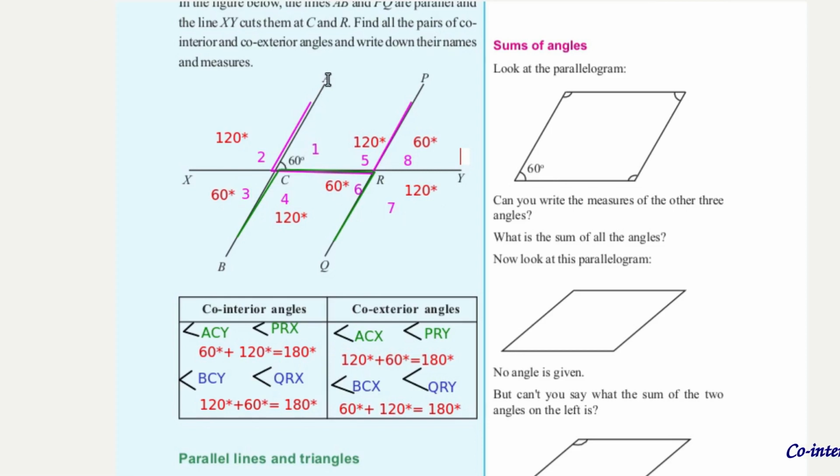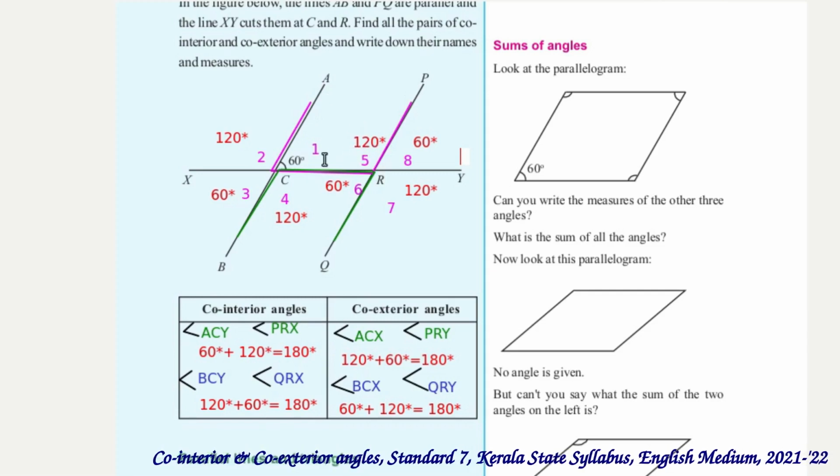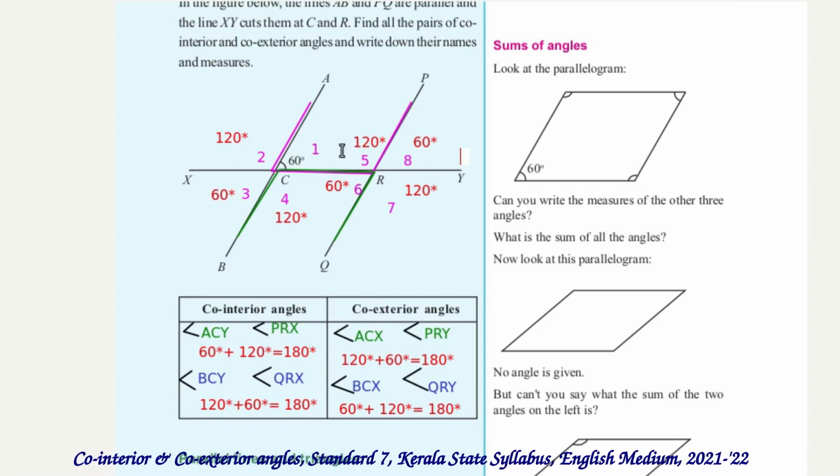Here you can see this one angle ACY and angle PRX. These two angles are inside these two parallel lines. Inside, I told you that is interior. So these two are interior angles.